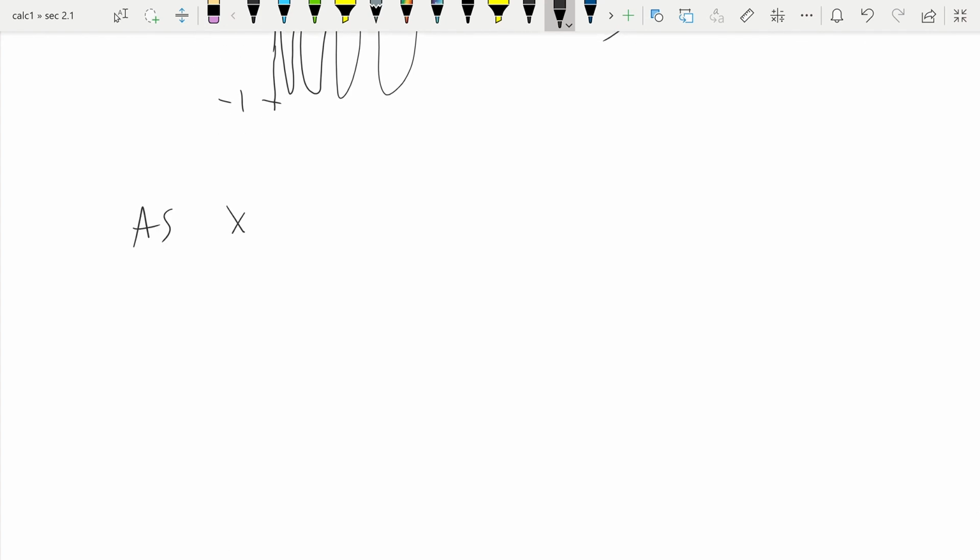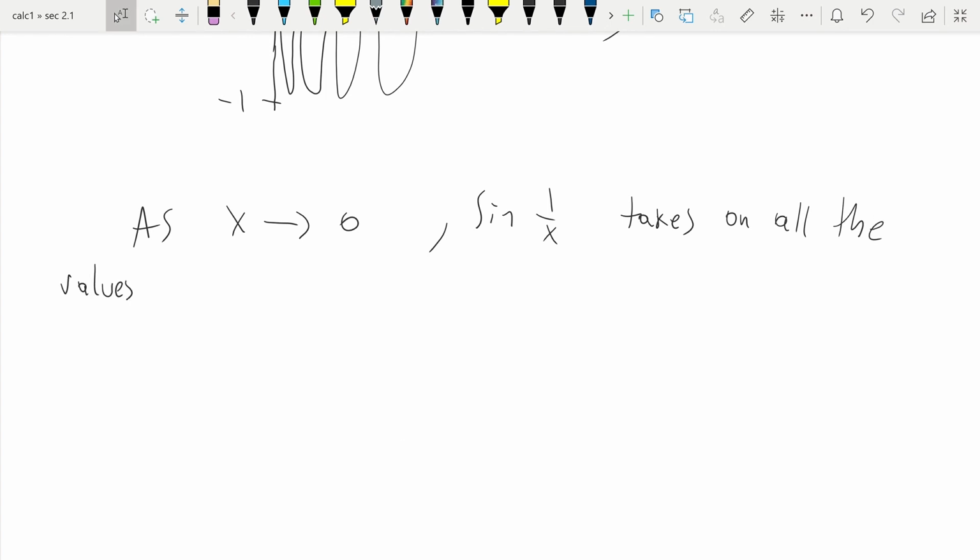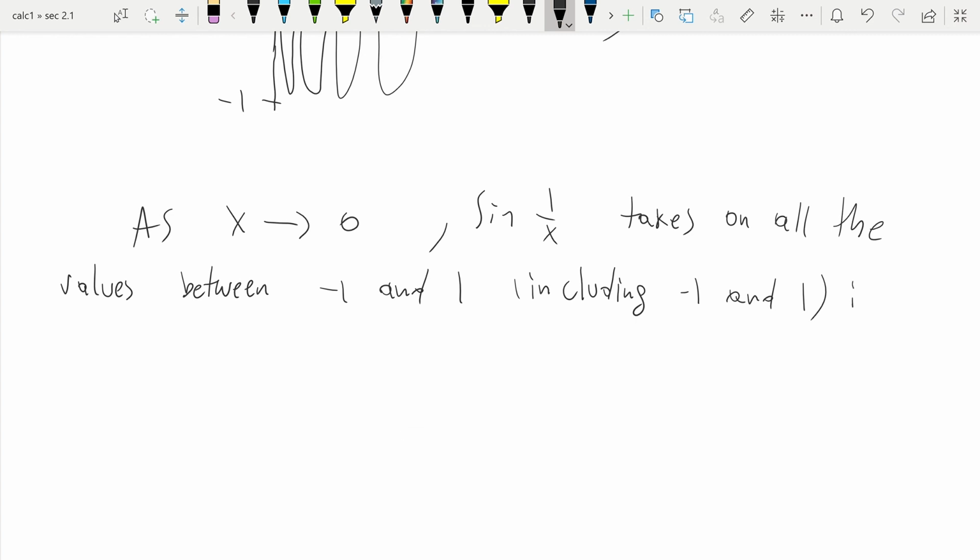As x gets closer and closer to 0, sine of 1 over x takes on all the values between minus 1 and 1, including those two values, infinitely many times.